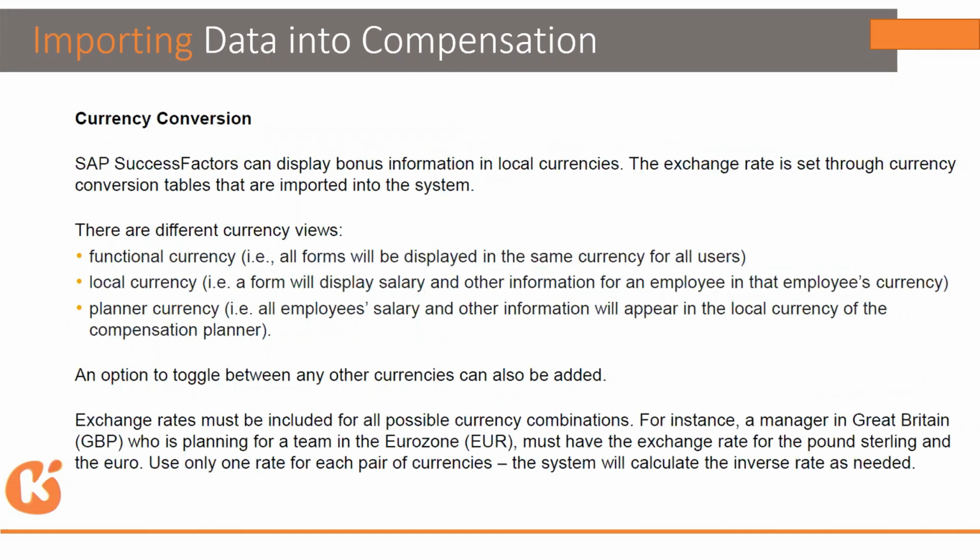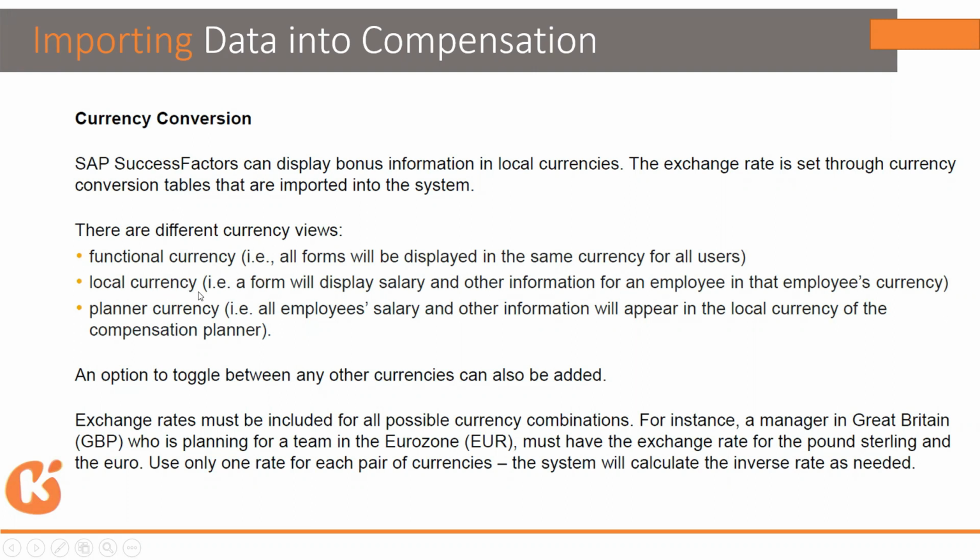Then there is currency conversion. We have seen and configured that in compensation also, from one currency to another. There are basically three kinds of currency. One is the functional currency, which is just your head office currency.